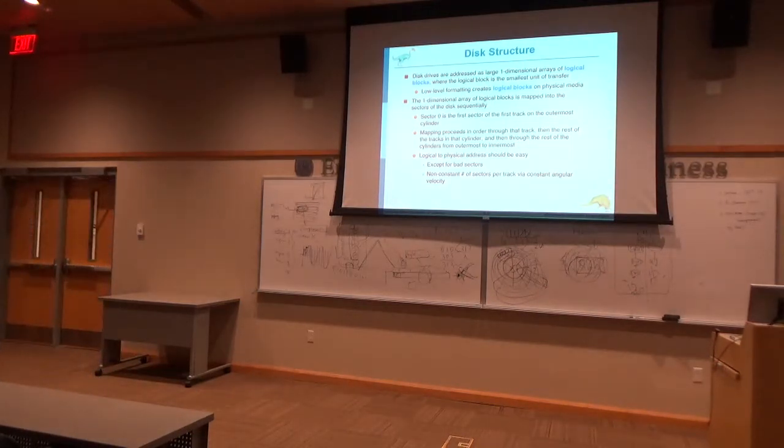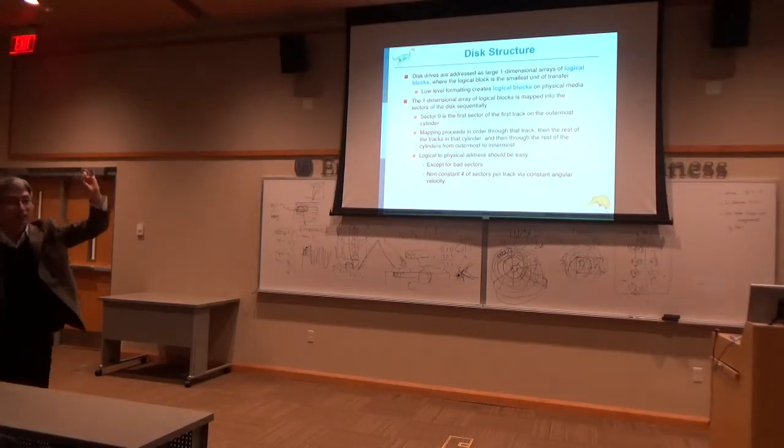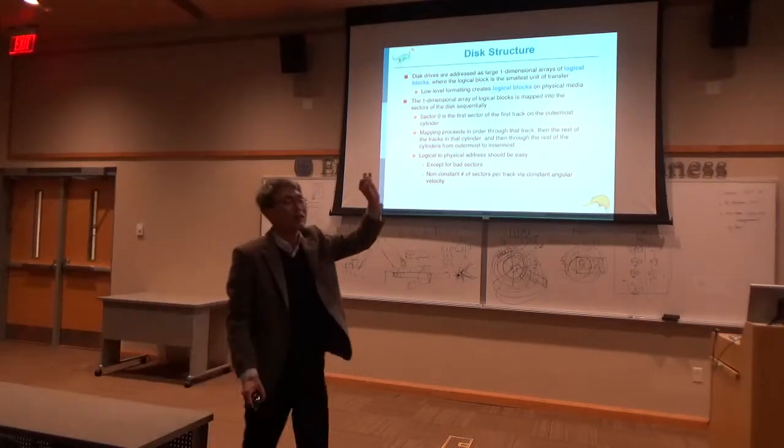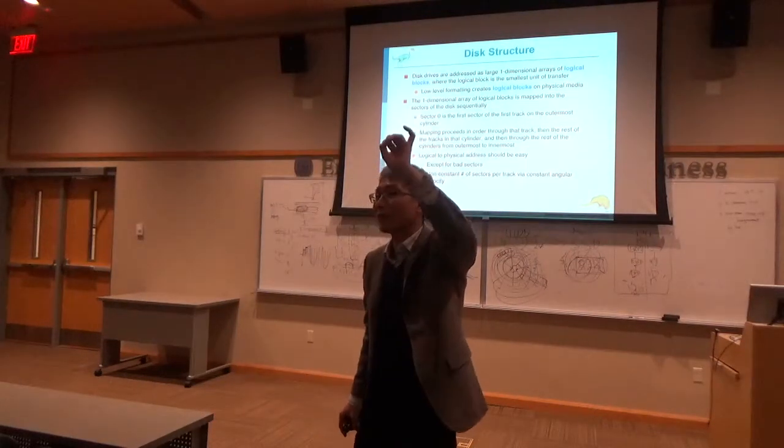What kind of file systems do you know? Any file system. Windows: FAT 16, 32, NTFS. Or the Unix file system, GFS, ext 2, 3, 4, so the ext family of file systems. Also network-based file systems, NFS.